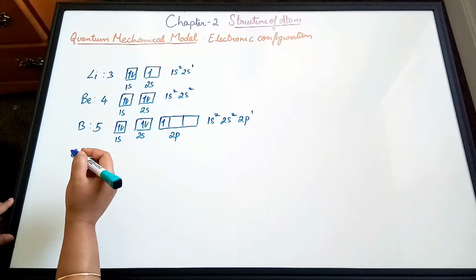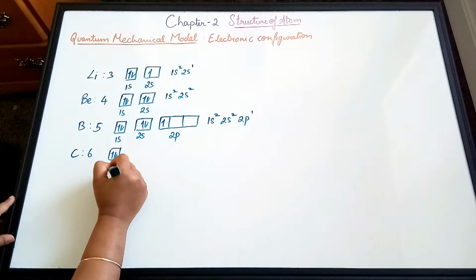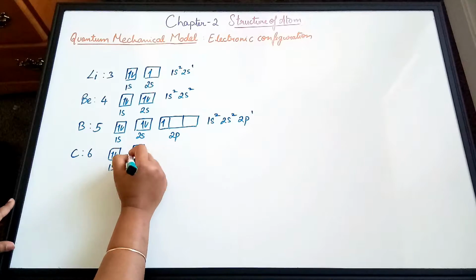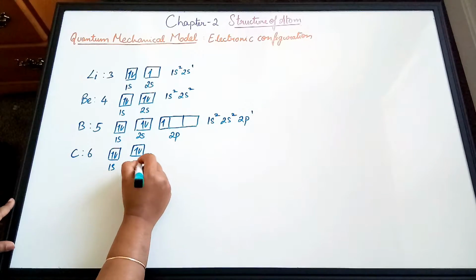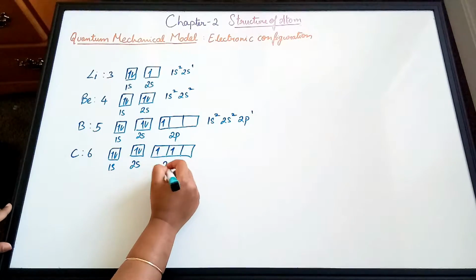Carbon's atomic number is 6. First let's fill in 2 electrons in the 1s orbital. Then we'll be filling 2 electrons in the 2s orbital. Then we'll be filling 2 electrons in the 2p orbital.